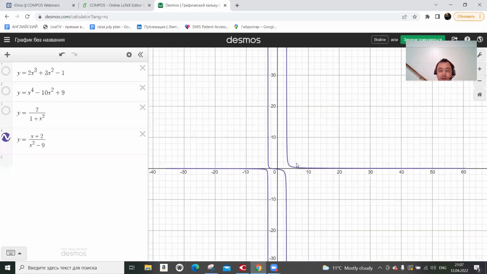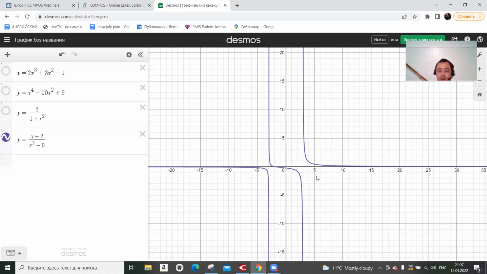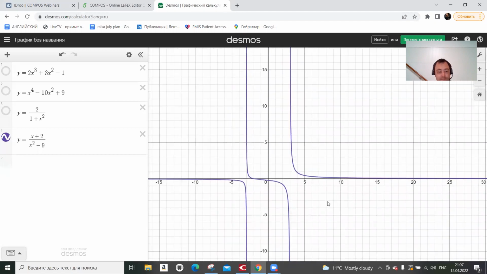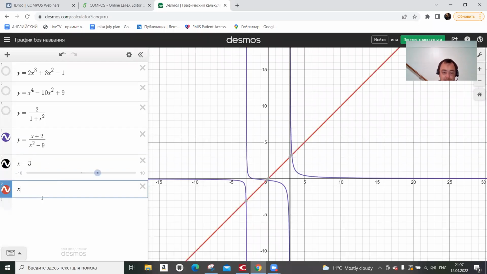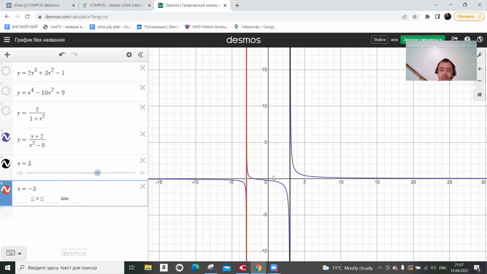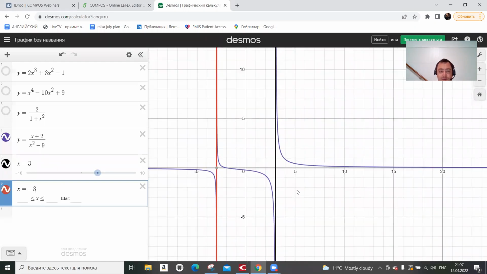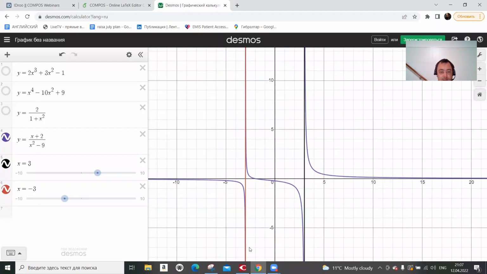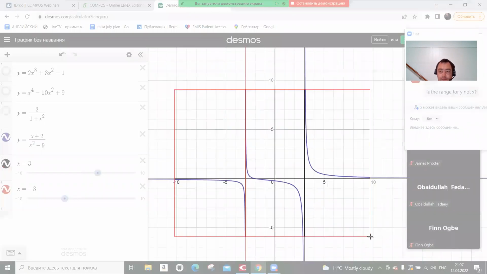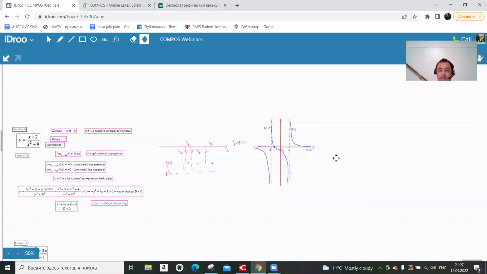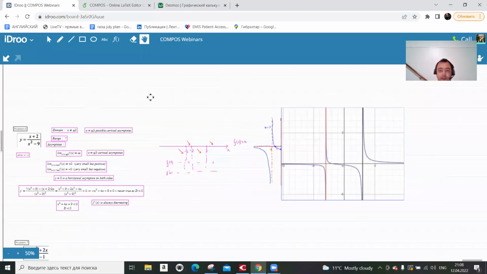So the function is always decreasing. It's not continuous, but it is decreasing. And we can draw x equals 3 and x equals -3, just to show that they are in fact asymptotes. Okay, so here you are. In fact, we are correct.